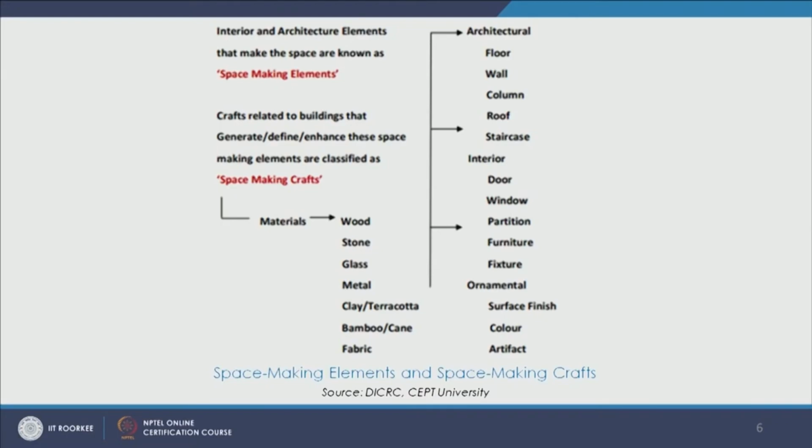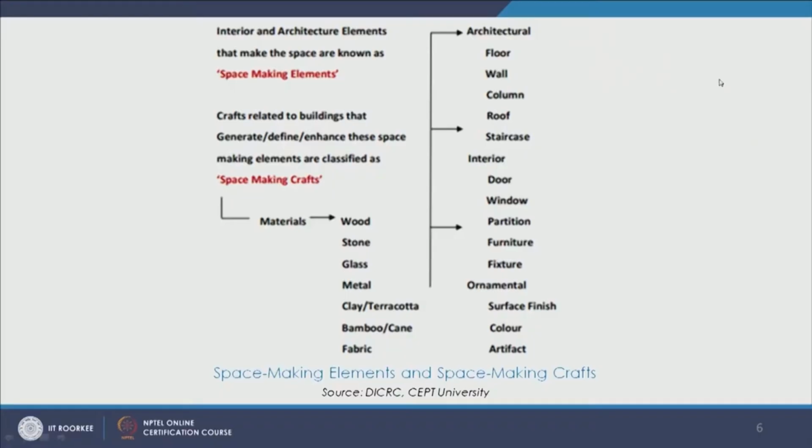This is one chart that is prepared by DICRC at CEPT University, the center that I have been mentioning. Even I was a part of the initial program and the entire framework that had come up. So, they have defined space making elements and space making crafts in a very comprehensive way. Space making elements could be referred to as interior and architecture elements that make space.